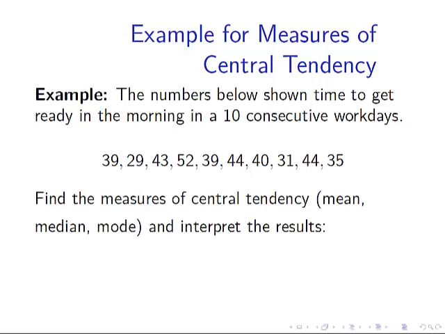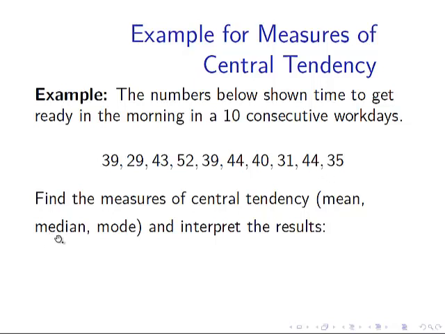Find the measures of central tendency and interpret their meaning. In order to find the mean, we add up all these numbers and divide by 10. It gives us 39.6. The mean is 39.6, representing the average time to get ready in the morning.